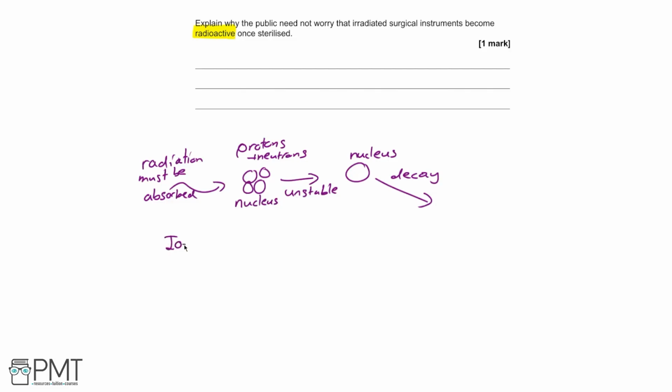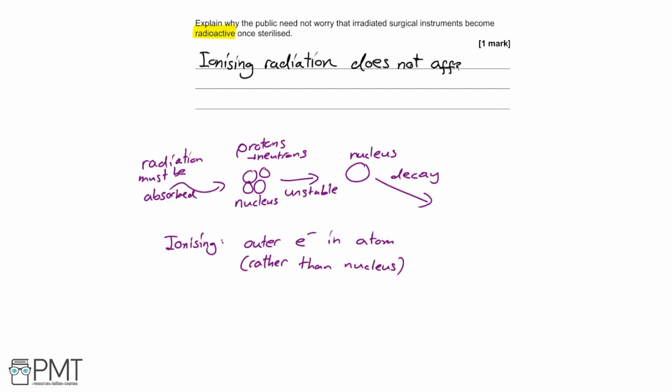However, ionizing radiation has the property that it affects the outer electrons in the atom rather than the nucleus itself. Therefore, it could not be absorbed by the nucleus. As a result, there is no chance of the nucleus becoming radioactive, and thus there is no need to worry about this possibility. Therefore, our answer is that ionizing radiation does not affect the nucleus.